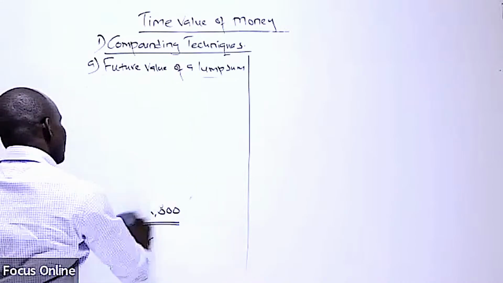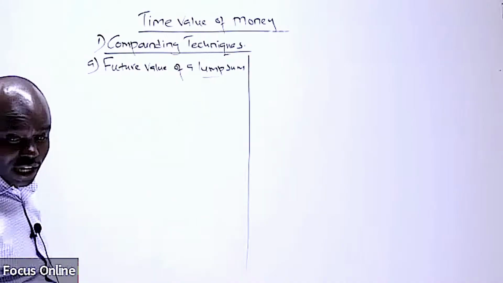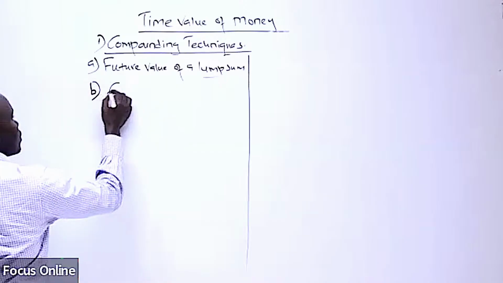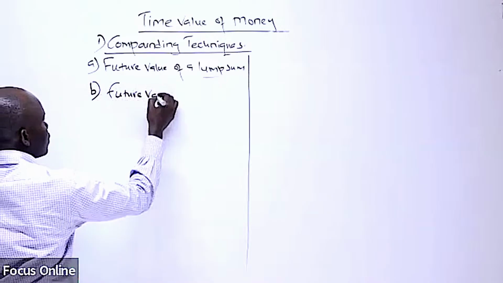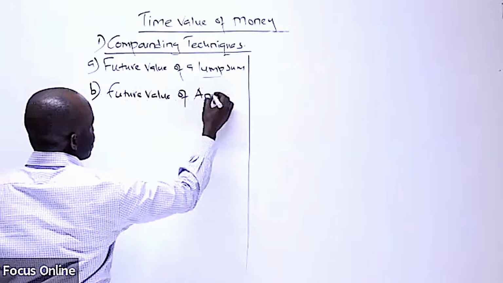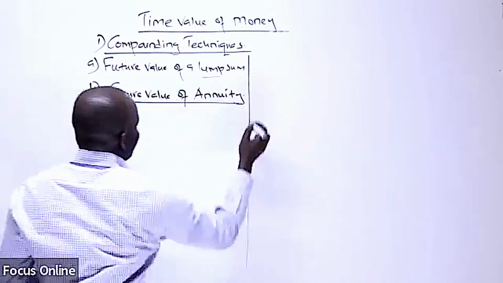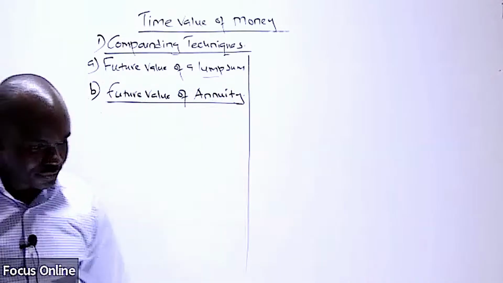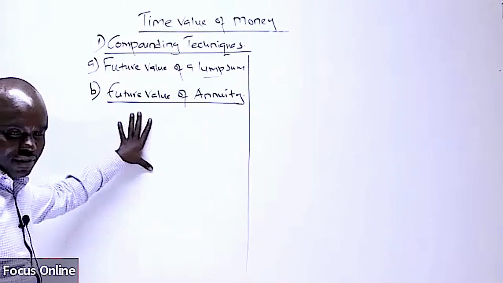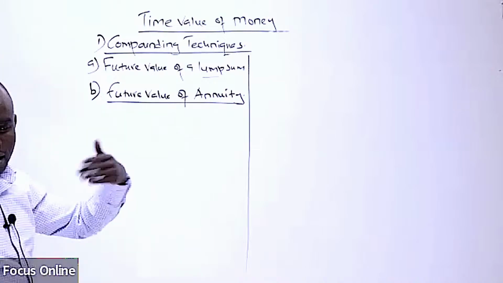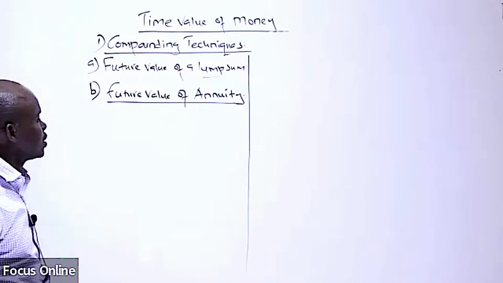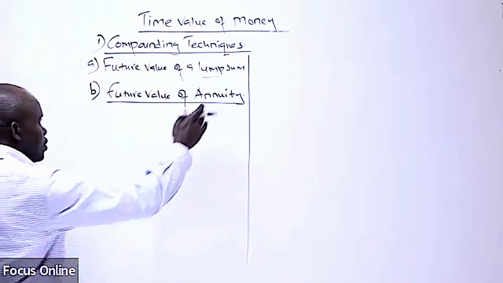You have seen how we get the future value, and I've explained what an annuity is. It's an annuity when the amount occurs repetitively, but regularly. So future value of an annuity is computed as follows.